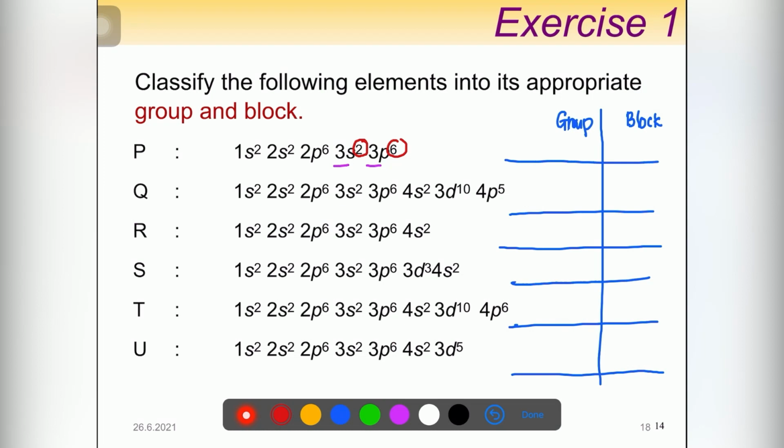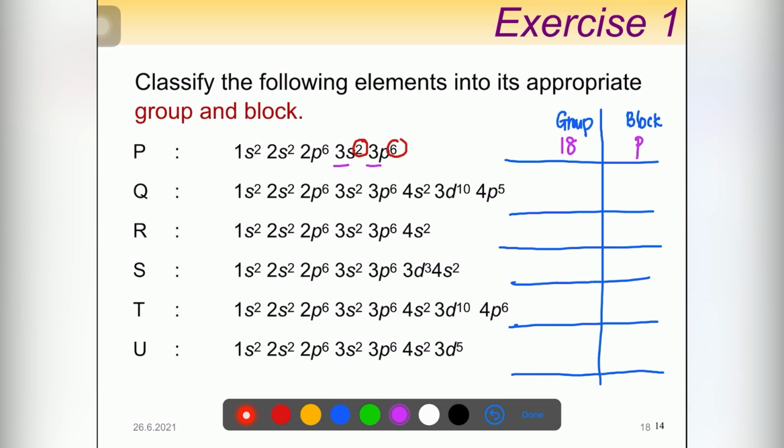So it is block p, small letter p, and it has 8 valence electrons. For block p, you have to add 10 to determine the group of the element. So 8 plus 10 is group 18.